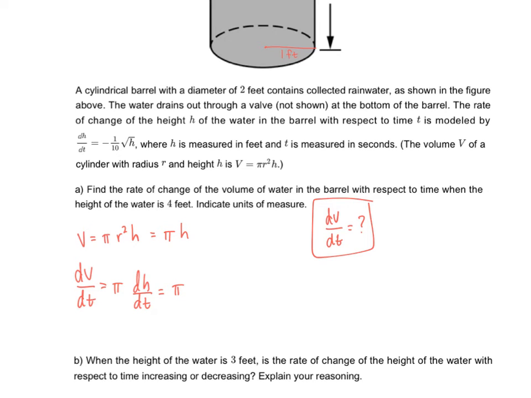They give us dH/dt, so we can substitute that. It's negative 1/10 square root of h. We want dV/dt when the height is 4 feet, so we plug in 4 for the height. The square root of 4 is 2, times 1/10 is 1/5, so this would be negative pi over 5.